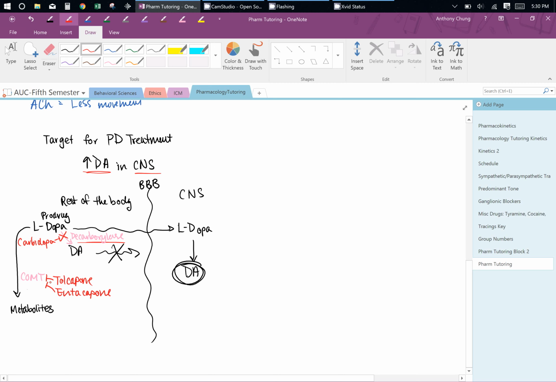So the idea is we want to get the levodopa into the CNS and then kind of eliminate all the other ways that it could be broken down before it gets into the CNS. And another pathway that it could be made into metabolite would be MAO.